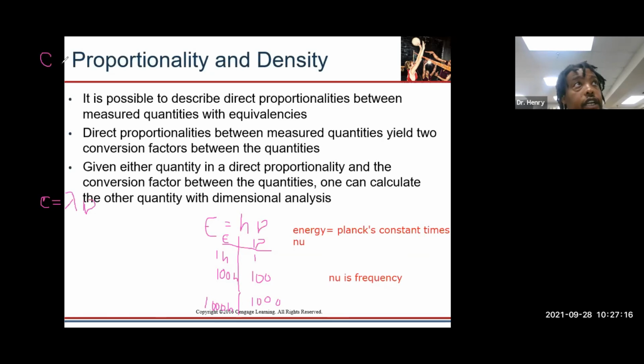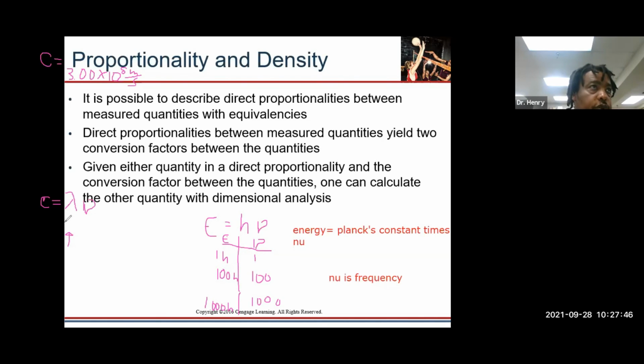So the speed of light is going to equal 3.00 times 10 to the 8th power meters per second. So the speed of light is always going to be that value. It's a constant.